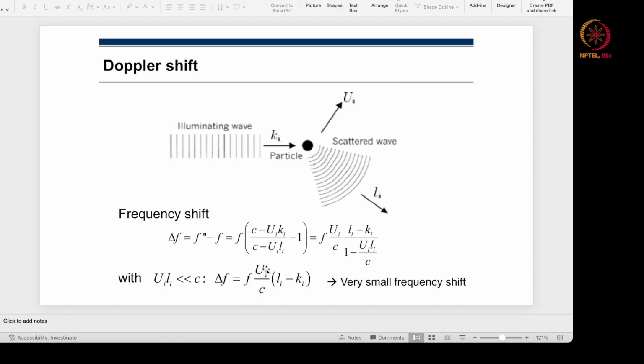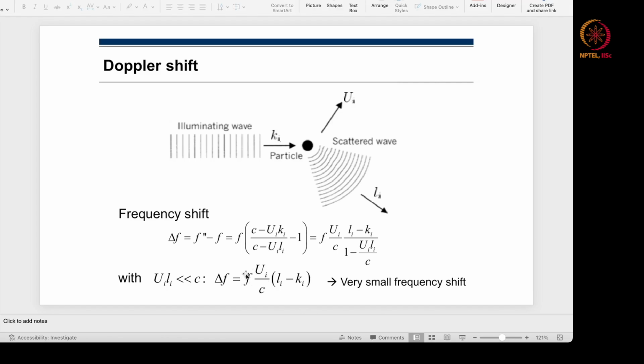Ui is a small number and you are dividing it by a very large number, so ui by c is a number much, much smaller than 1. It is a fraction, say 0.0000 something.